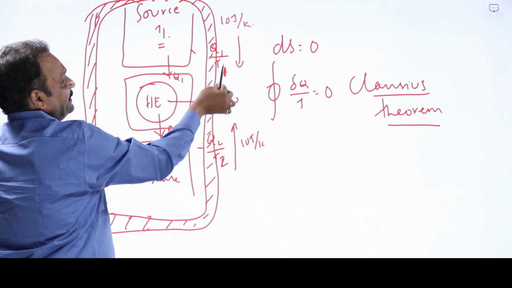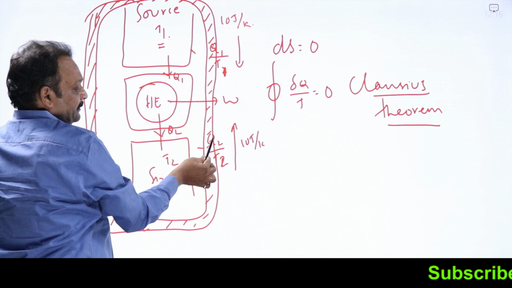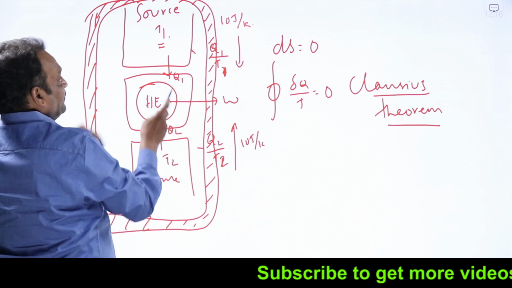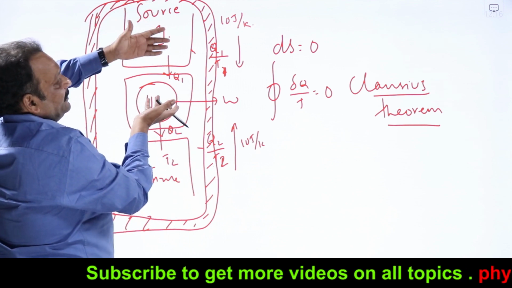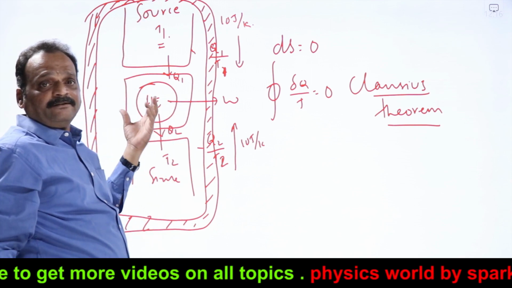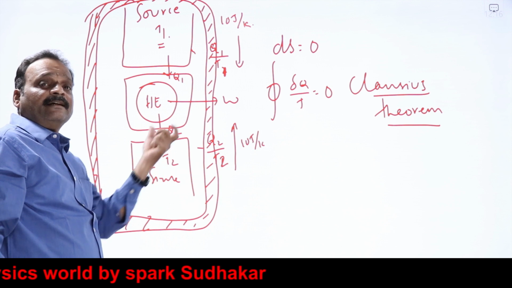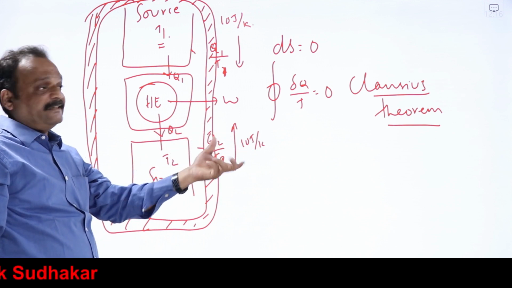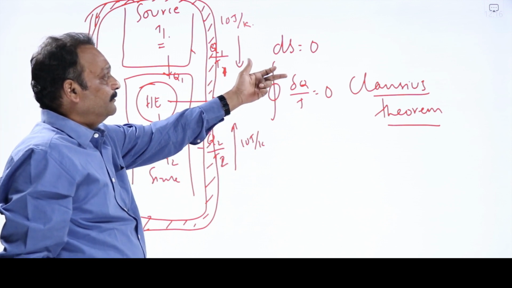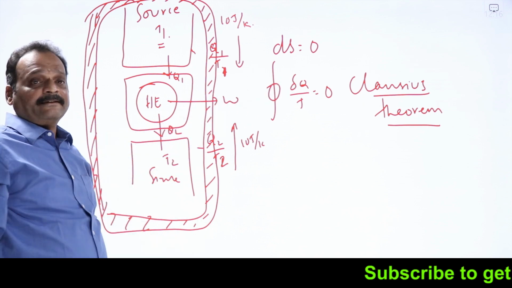Whatever is the decrease in entropy Q1 by T1 is equal to the increase in entropy Q2 by T2 here. That is, the entire system's entropy is remaining constant. There is no change in the entropy of the system. Entropy of the isolated system is remaining constant means entropy of the universe is also remaining constant. Either way, circular integral delta Q by T is equal to 0, we can write.